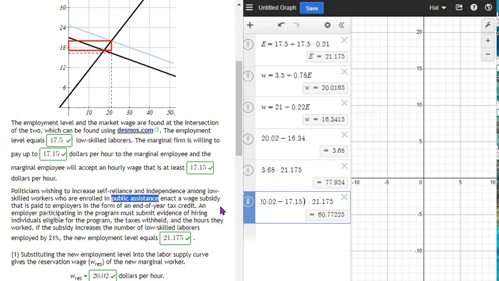If this jobs program, this subsidy program, is not implemented and people are kept in public assistance with no requirement to work or no encouragement to work, then the people might not eventually find work and become self-reliant, right? They become dependent on the state. So that's very costly over the long run.